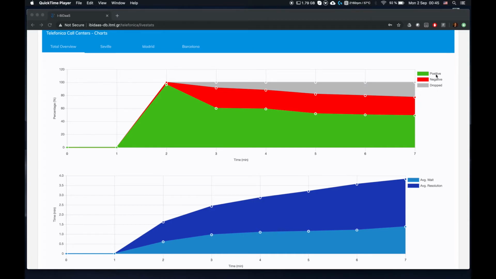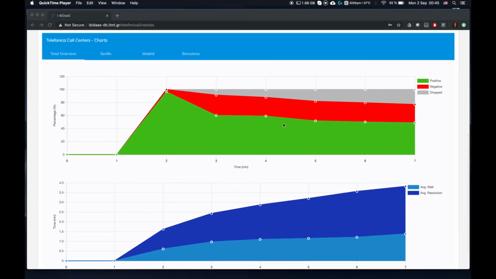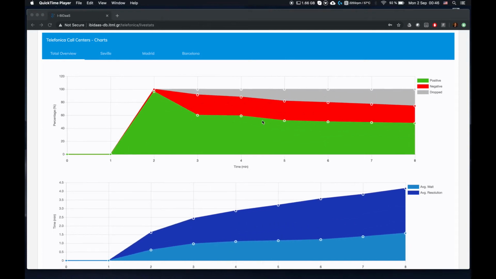We see again the distribution of the positive, negative, and dropped calls and also the average waiting time and the average resolution. This information is complementary to the first display because it shows the progression over time, not just the current moment.